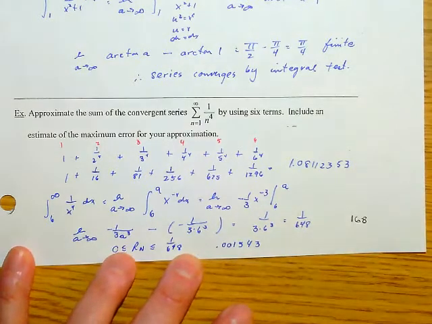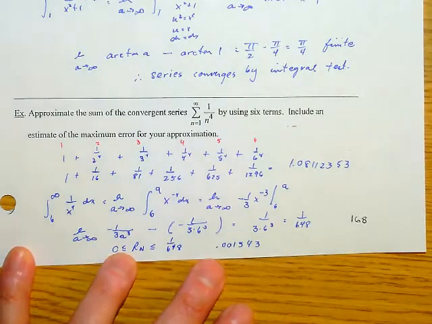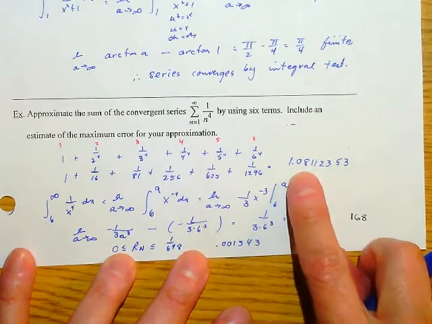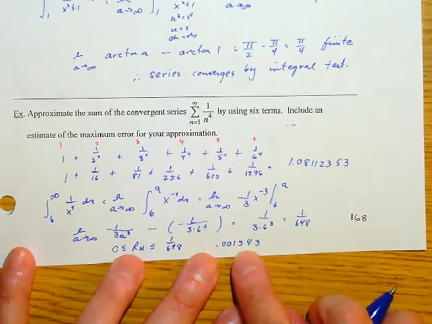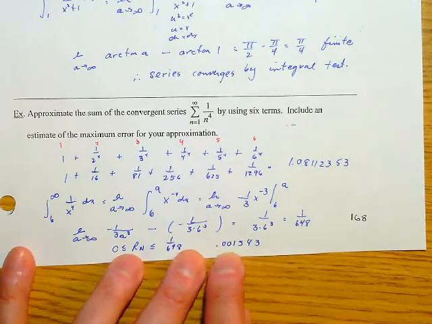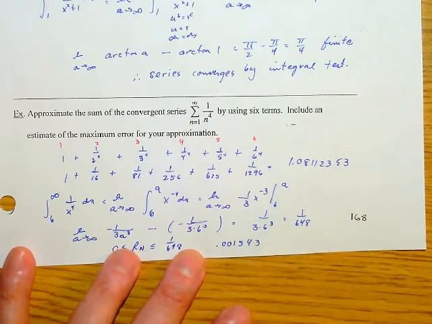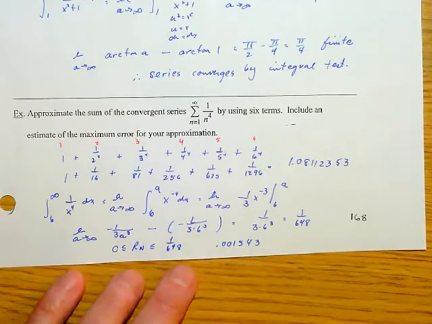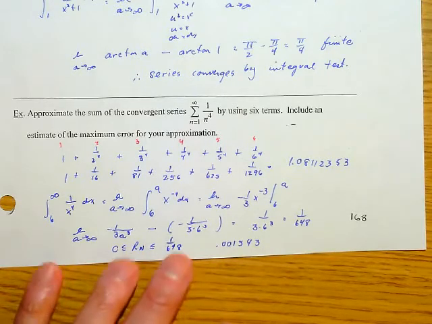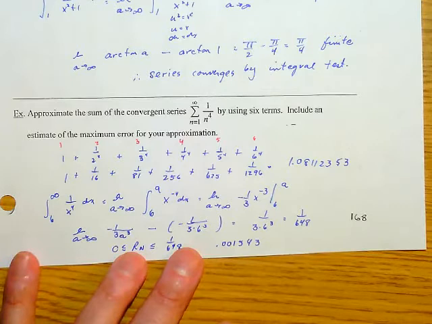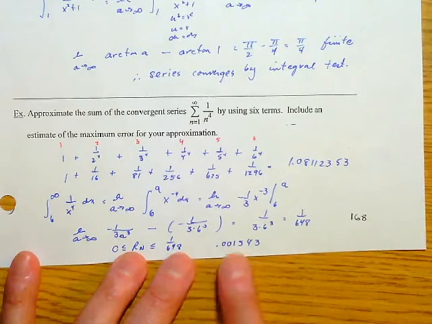So your final answer then, it's not off by much, right? 0.0015. Yeah, you're good there. All right, so that's the remainder for the integral. So it's not off by any more than that.